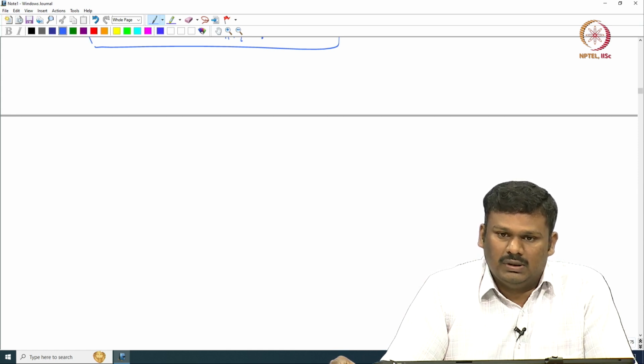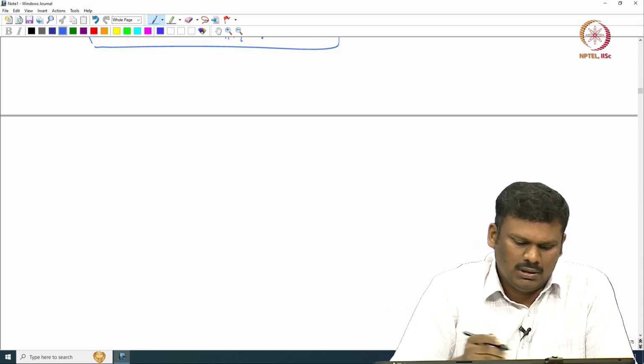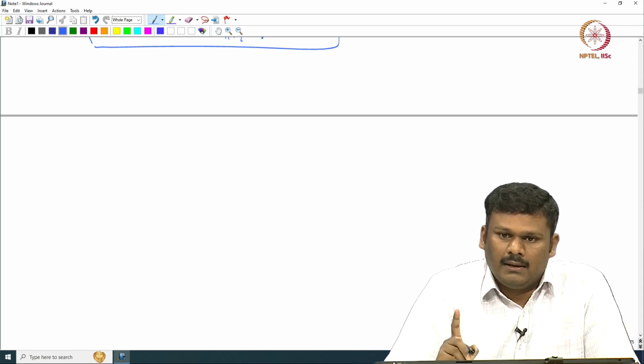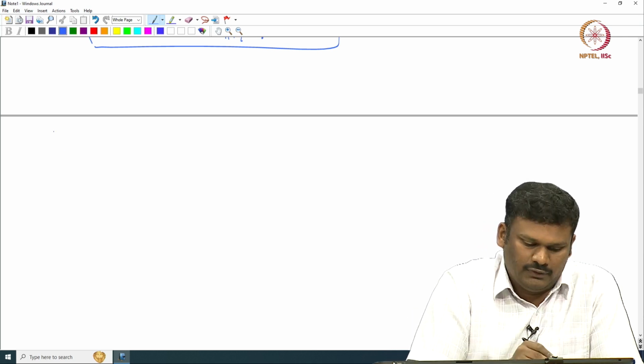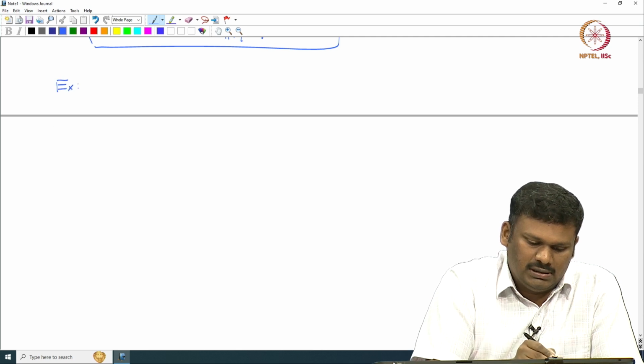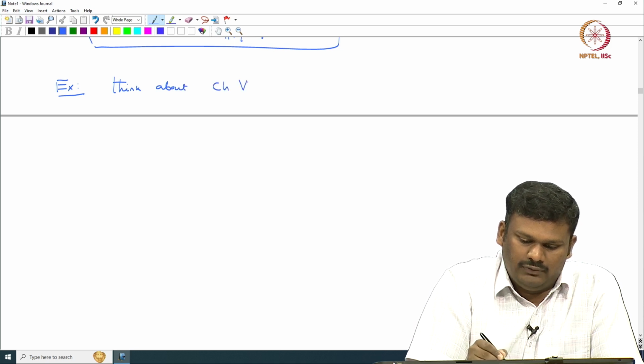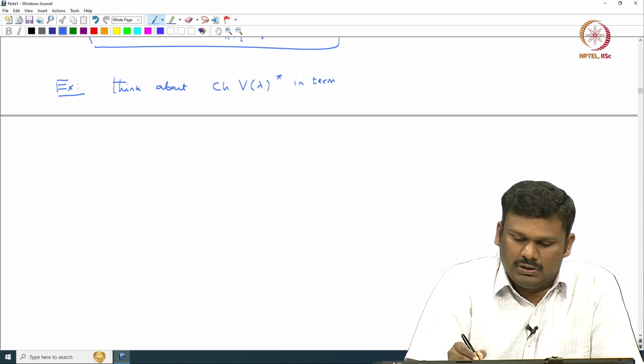That is something you should think about. To answer that question, first you need to answer it for finite dimensional irreducible modules. So, exercise: think about the character of V lambda star in terms of the character of V lambda.